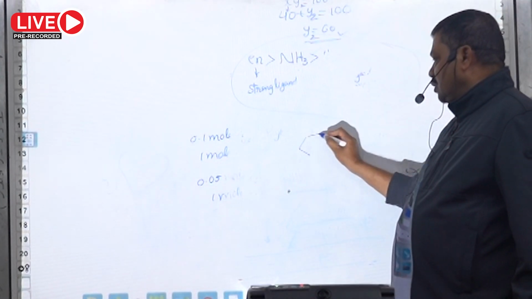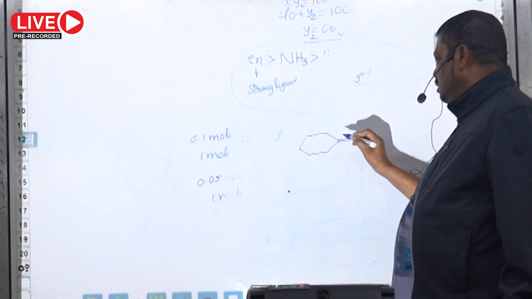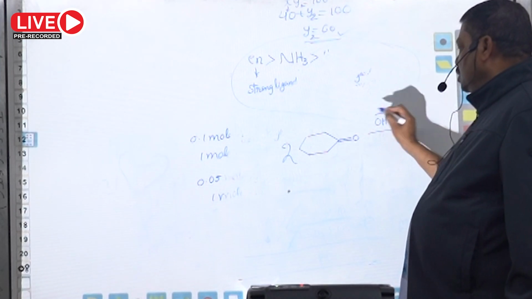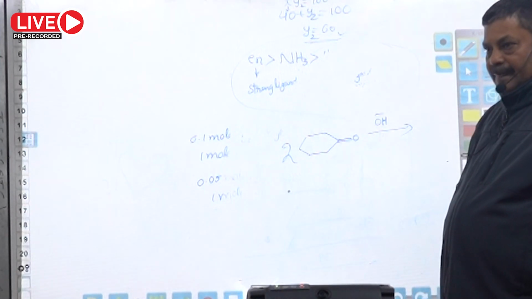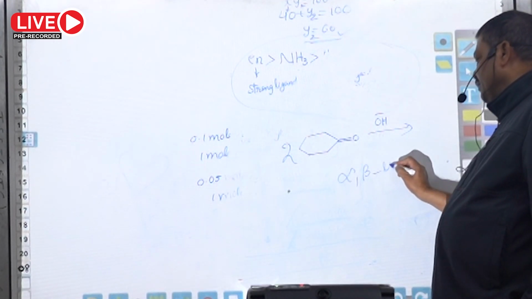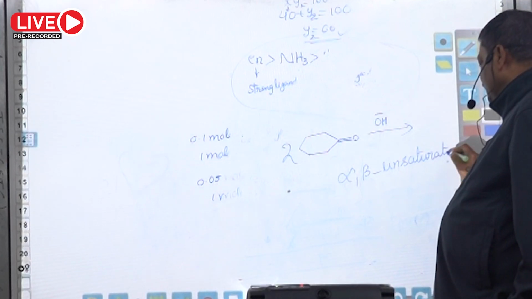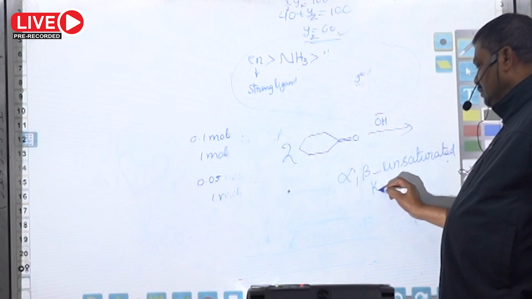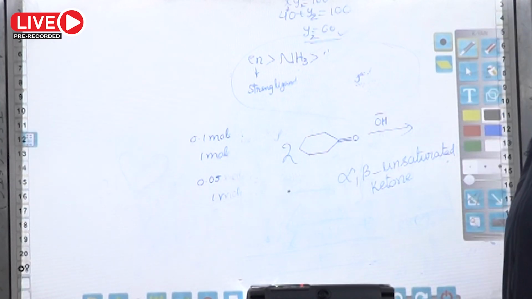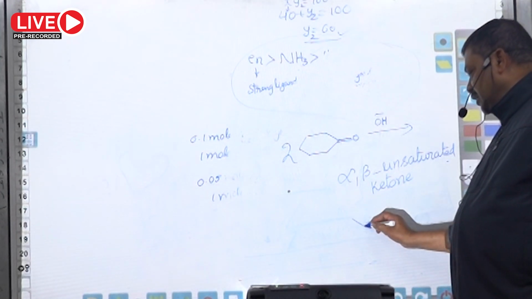Cyclohexanone, aldol condensation, 2 molecules participate. What is the final product? Alpha, beta unsaturated ketone.